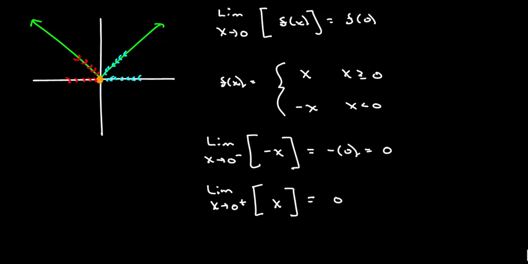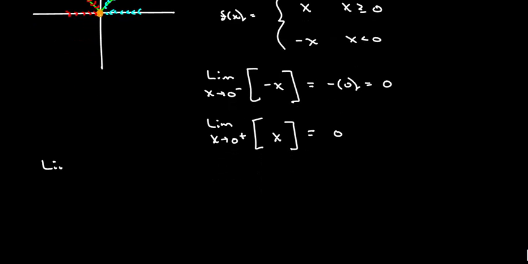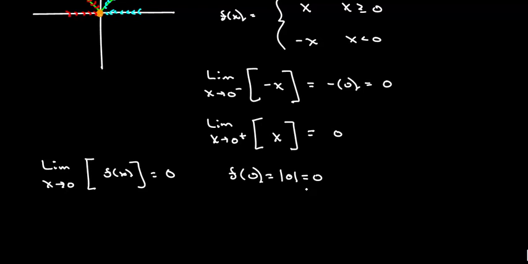So the overall limit as x approaches 0 of f of x, the absolute value of x, those limits both equal 0. And also f at 0 is the absolute value of 0, which is 0. So the limit is equal to the function at that value, which implies continuity.